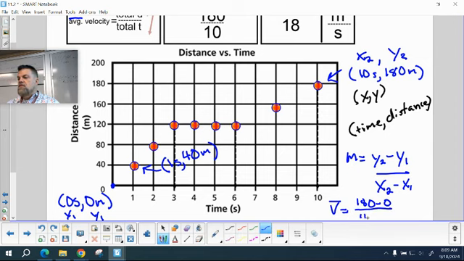When you do all the math on that, you end up with 18 meters per second.